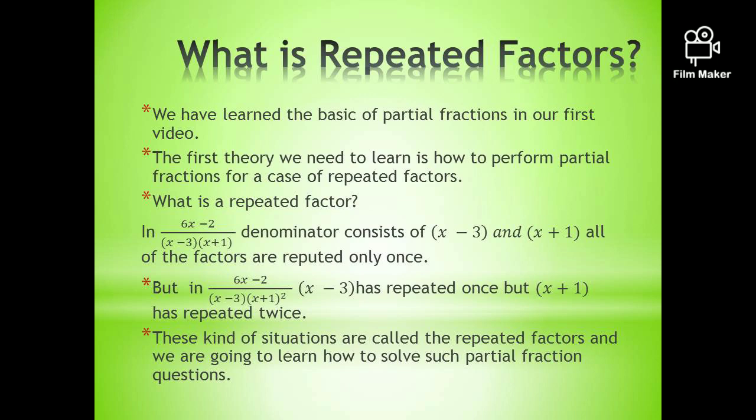That means x minus 3 is repeated once, but x plus 1 has repeated twice. So in the second example, you can see a repeated factor is available in the denominator. This kind of situation we call partial fractions with repeated factors. Then let's see how to solve this kind of question.